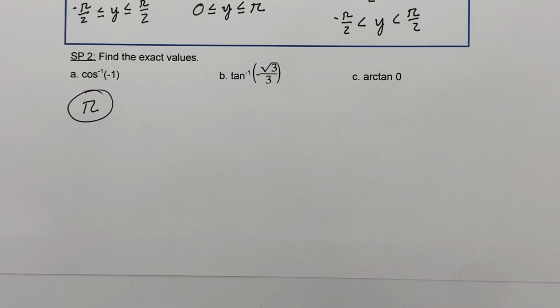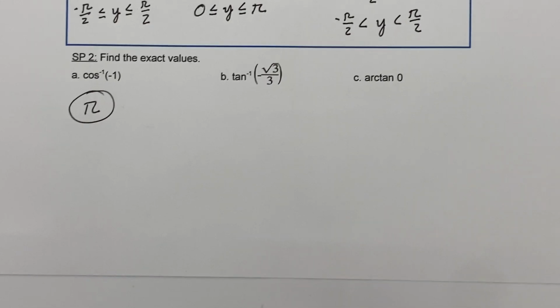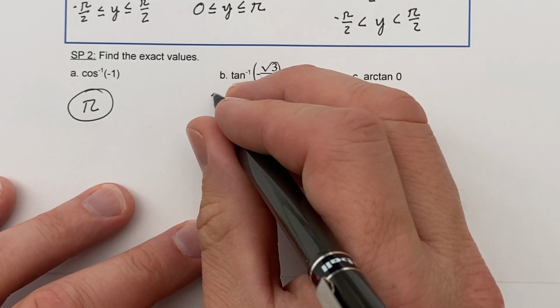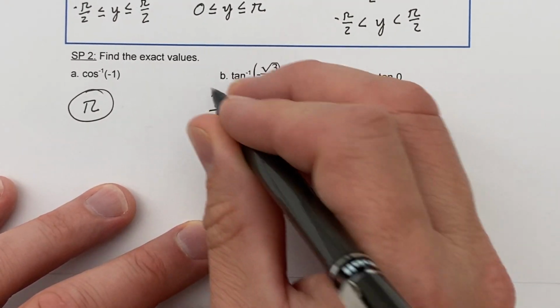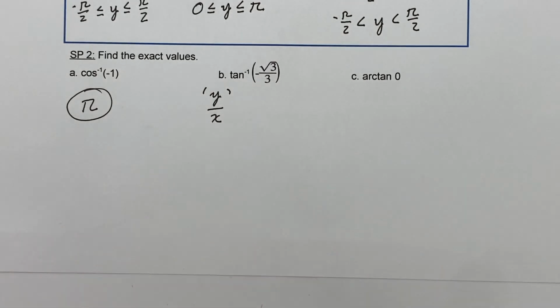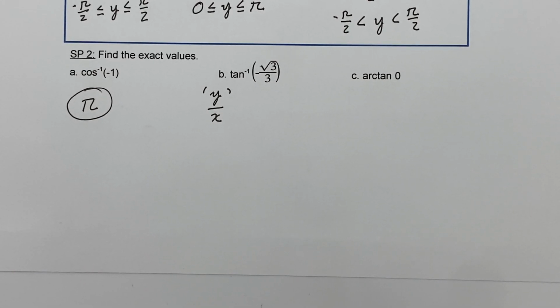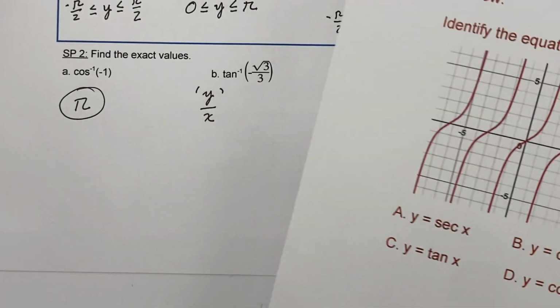And now we get into tangent. All right. So unfortunately, this one's not as easy as just looking for the x or the y. We are actually looking at the ratio of y over x. So what we're going to do now, and I'm going to do it on a separate sheet of paper, if you need to do it on the side or somewhere, that's fine.